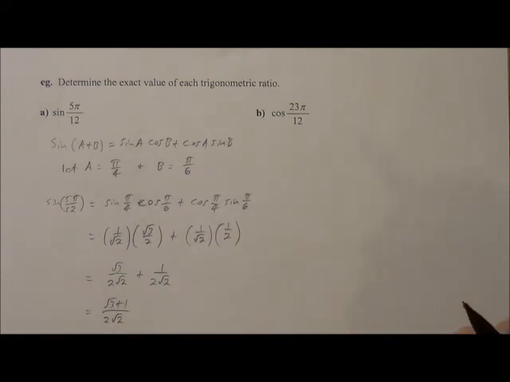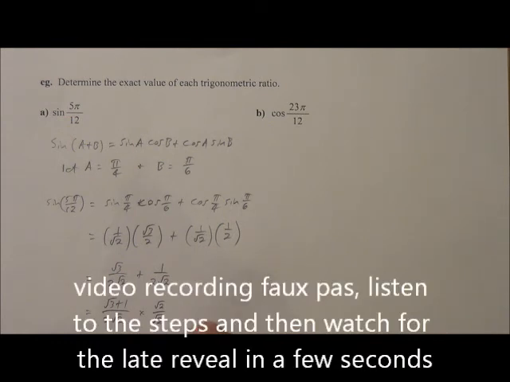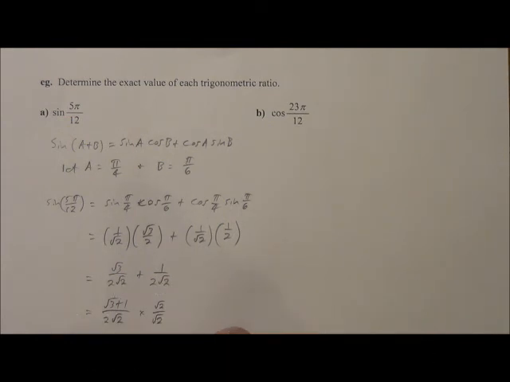And then if we want to rationalize the denominator, we'd multiply top and bottom by root 2. So we get root 2 times root 3 plus 1 all over 2 root 2 root 2. And then if we multiply this in, we get root 6 plus root 2.